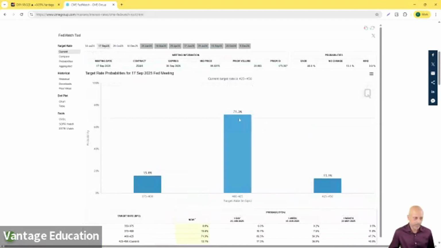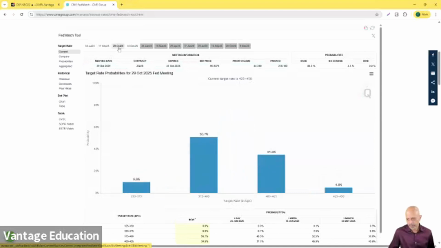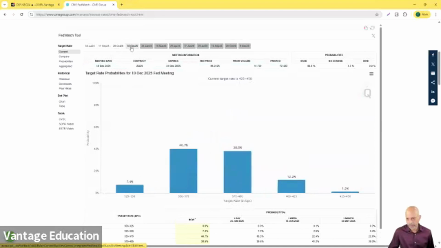So September, we have a 71.3% probability that the Fed will reduce the target rate by 25 basis points, bringing it down from 4.25-4.5% to 4-4.25%. So you can see the first rate cut is expected to take place in September. And then in October, we can see a 50% probability at the present moment of another 25 basis point reduction. And then in December, they are likely to maintain rates at current levels.